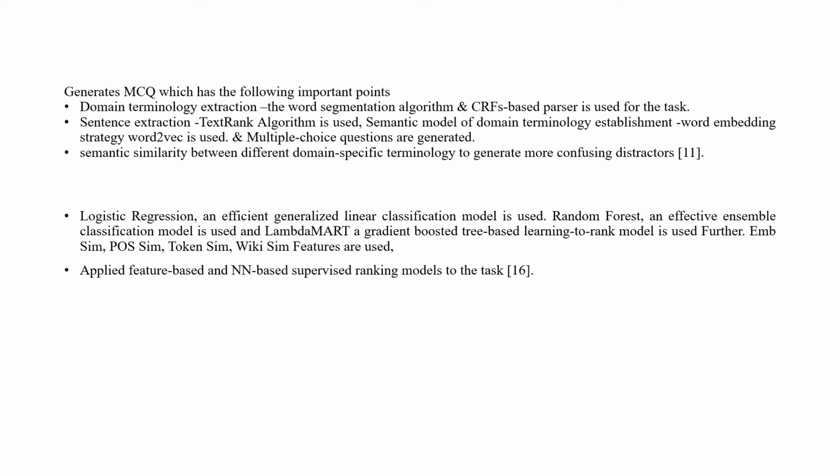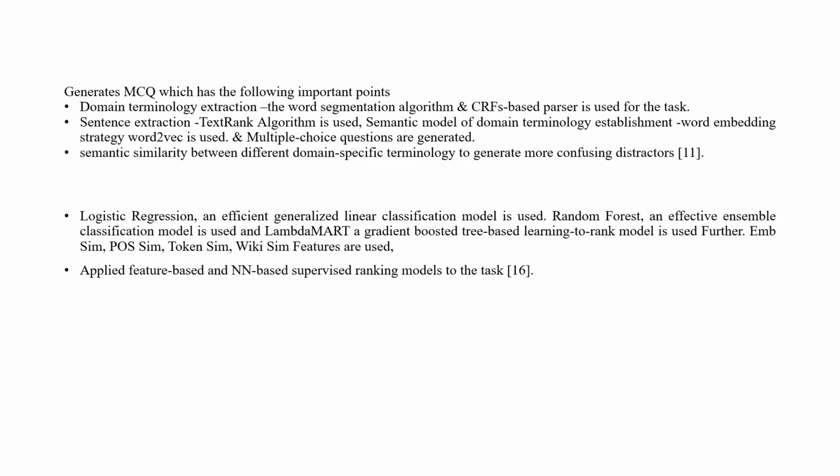And for more confusing distractors, for more accurate results, and for more information-rich MCQ questions, we use the semantic similarity between the different domain specific terminology. Again, logistic regression, random forest algorithm, and LambdaMART as a ranking model can be used for more accurate results.